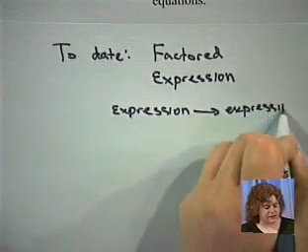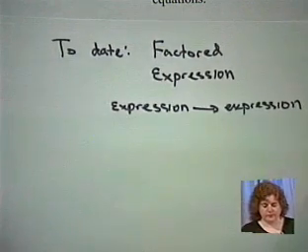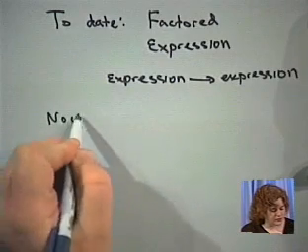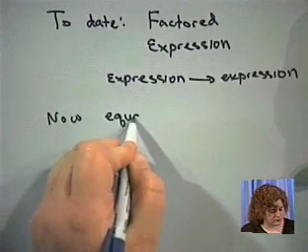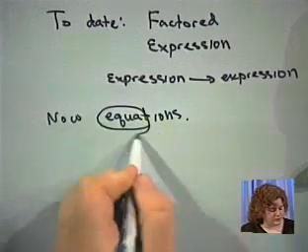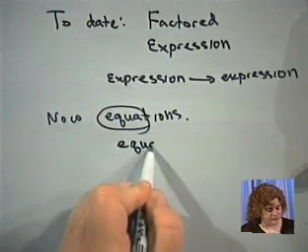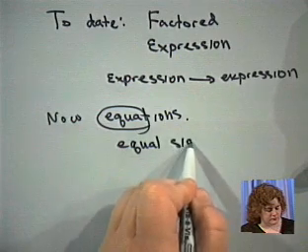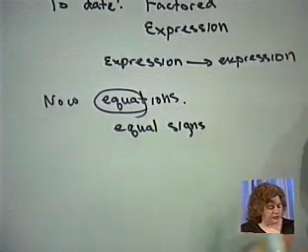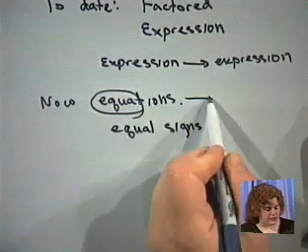You're not going to get any kind of number out of it. We're going to work now with equations. Equations have equal signs. And you can see the word equal in it. And from equations, we are going to get numbers.